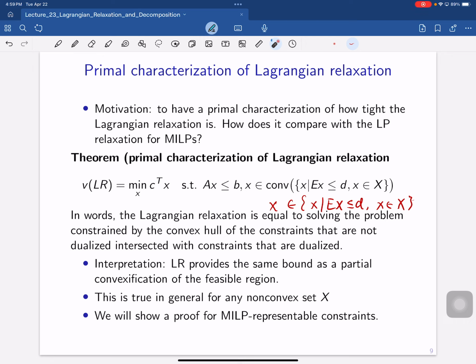So let's try to interpret this theorem a little bit. With this theorem, can you say something about the Lagrangian relaxation compared with the linear programming relaxation? Is the Lagrangian relaxation in general better than linear programming relaxation or worse?